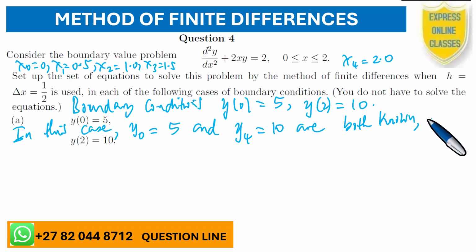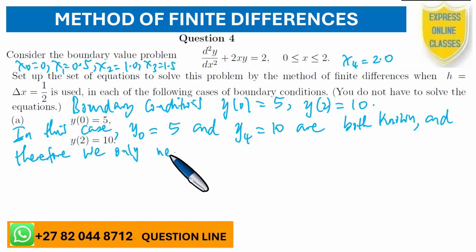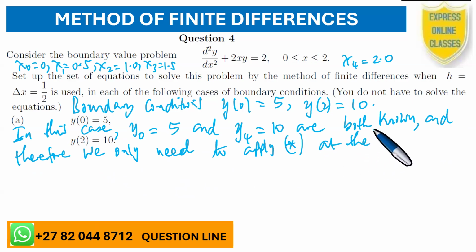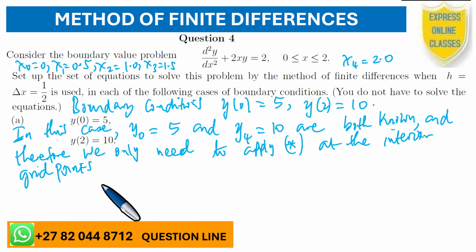We know both of them, and therefore we only need to apply the equation we called star at the interior grid points, namely x1, x2, and x3.